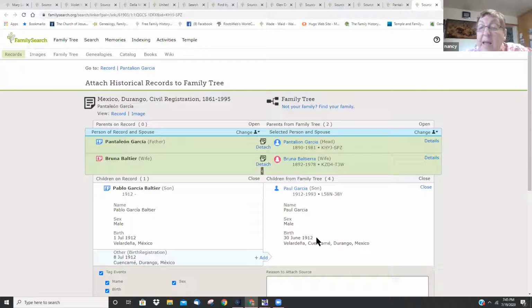Well, in FamilySearch, the hint would like us to attach Pablo Garcia to Paul Garcia. And it says that Pablo was born on the 1st of July, 1912, but FamilySearch says the 30th of June, 1912, in the same place.